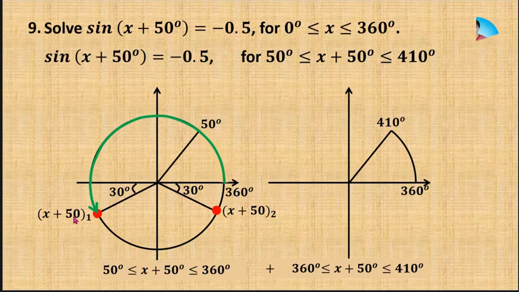Then this value can be obtained by using 180 plus another 30 degrees, which is equal to 210. The second angle still starts from 0, follows the direction anti-clockwise. And this value can be obtained by using 360 minus 30 degrees, which is 330 degrees.